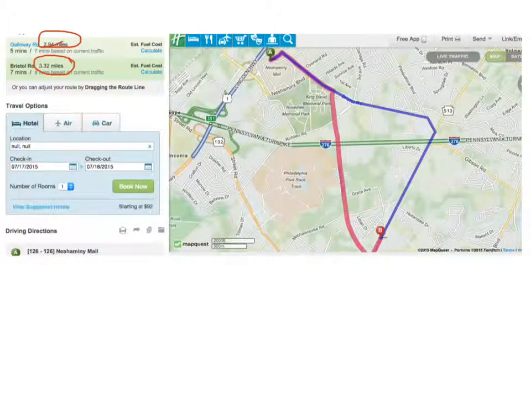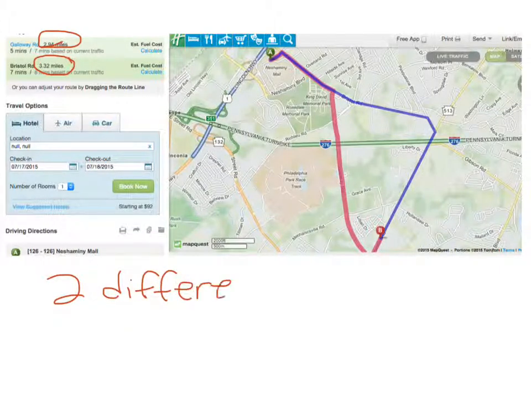So we have a different distance traveled here, yet we start at the same point and end at the same point. And that's where the idea of distance runs into some problems when we try to use it in physics. It's a little bit subjective because we're talking about two different paths. Since there are many paths, not just the two in this case, it's a little bit subjective when we talk about the distance between the Neshaminy Mall and Bensalem High School because we don't know what path we're talking about.